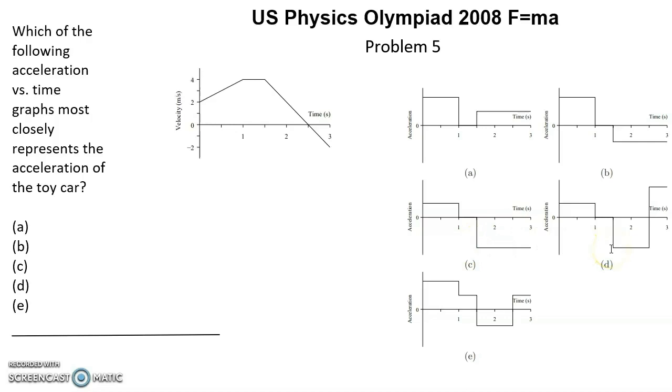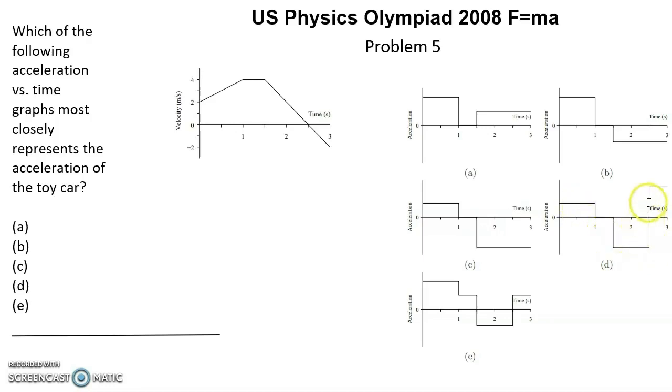Let's check two others. D, we have good from 0 to 1, that's positive. We have 0 from 1 to 1.5, and we have from 1.5 to 2.5.